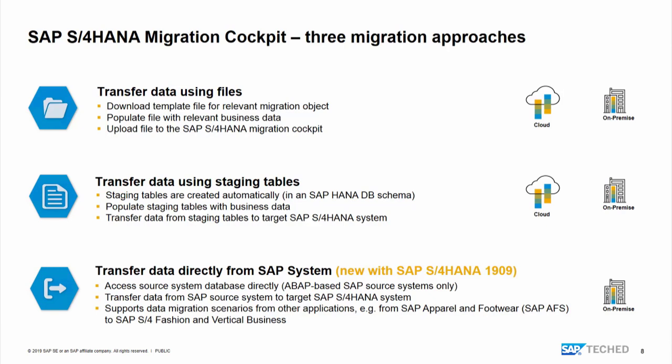That will allow you then to look at the migration objects, select them, download the templates, do the cleansing of the legacy system you are trying to migrate from, put them into a structure, and the template is predefined with all the information that you need to do it, and then go through the tool that will allow you then to do a simulation and the validation of the data.